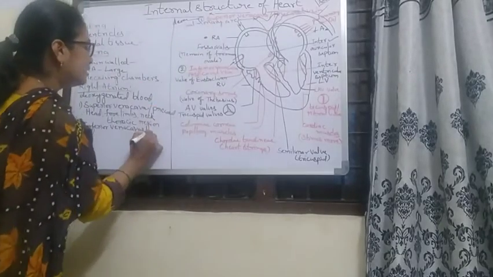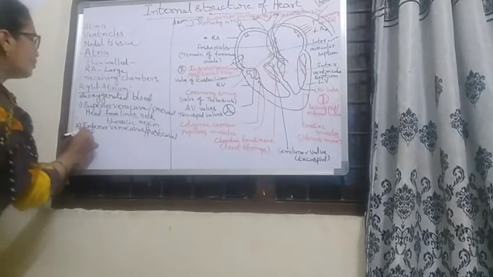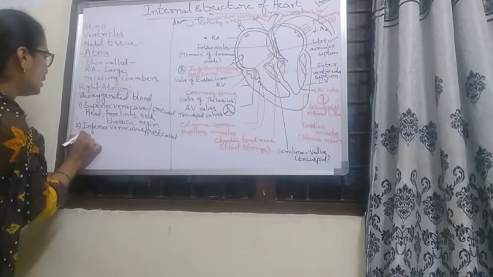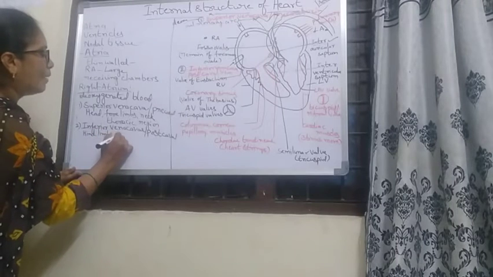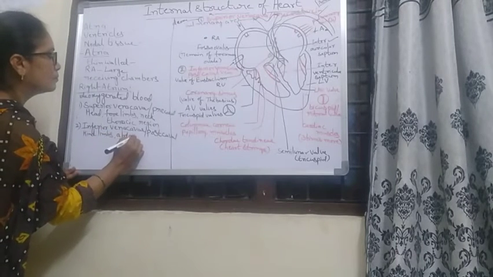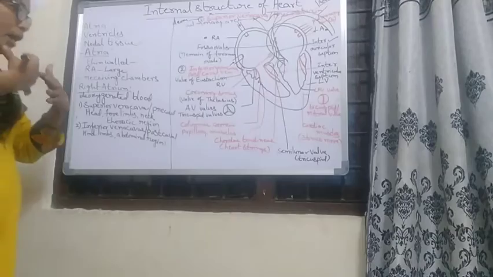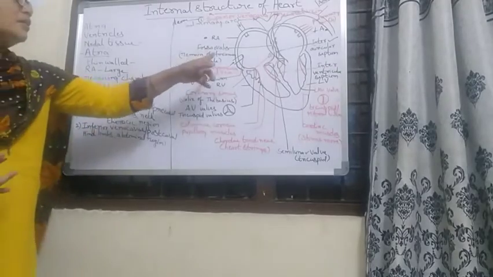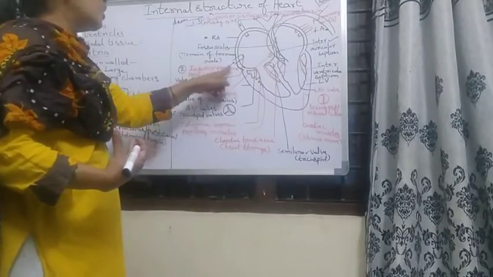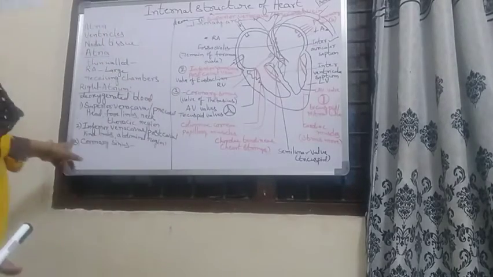It receives blood from the hind limbs and abdominal region, that is, deoxygenated blood from the lower parts of the body. The third one is the coronary sinus.